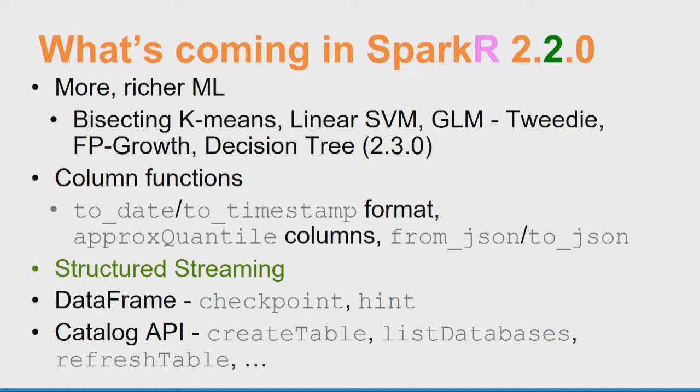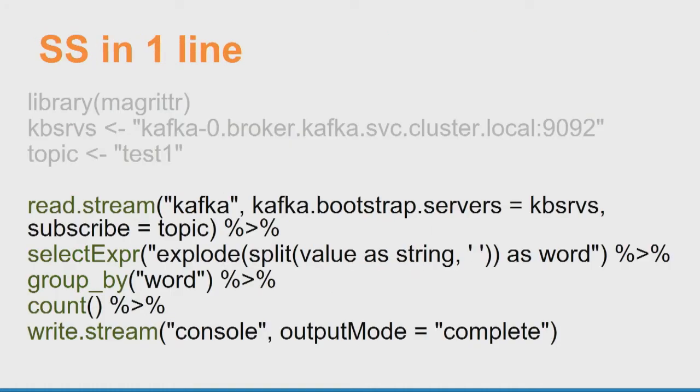We have several new machine learning APIs or models we support, including bisecting k-means, linear SVM, GLM also has support for Tweedie, and FP-growth and decision tree are added in the new release. Several other things we have, like I said, structured streaming support here, and a very essential API like checkpointing for data frames, or catalog API for looking at your tables, databases, or just to refresh your table when your data is updated. It's kind of essential.